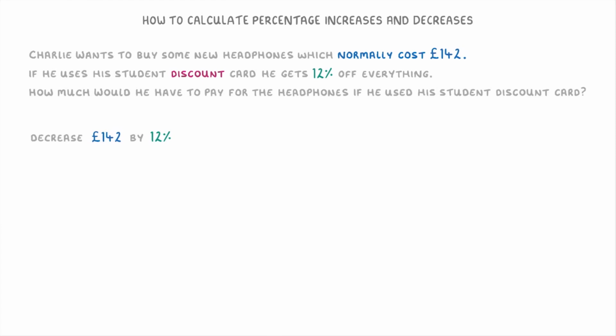And this means that the first thing we need to do is convert 12% to 0.12 and multiply it by £142 to find that the 12% is worth £17.04. Then we can subtract that discount from the original price of £142 to get the discounted price of £124.96.